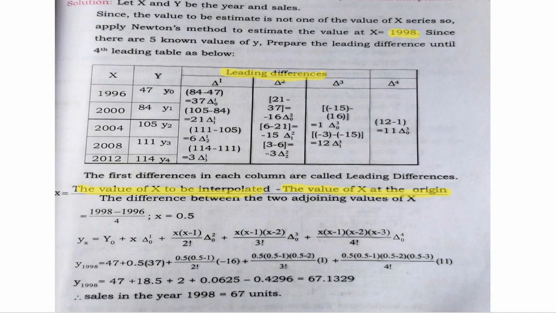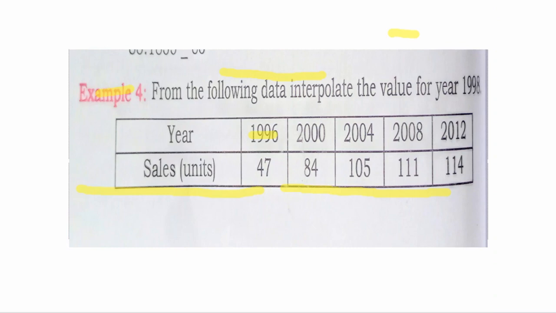Origin means 1996, the first year value they have given. This is considered the origin value, and 1998 is the interpolated value.